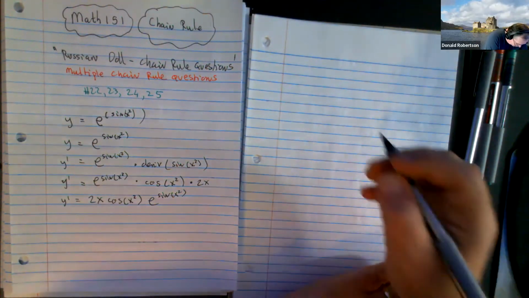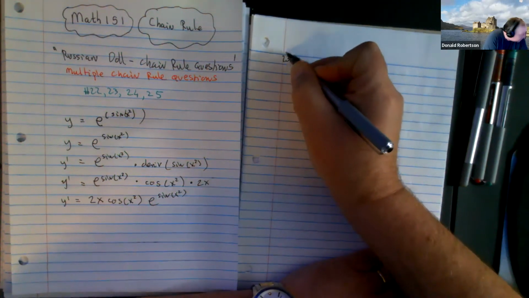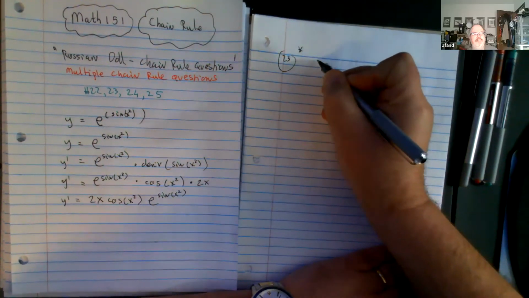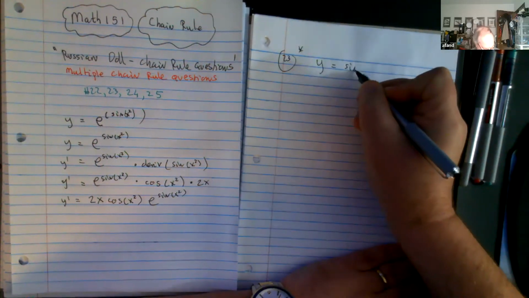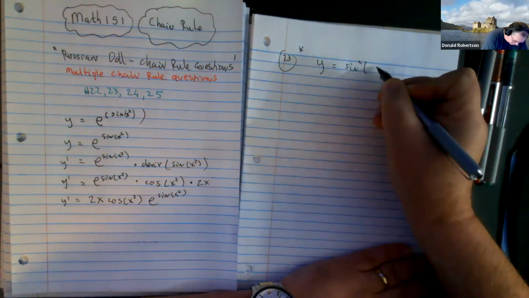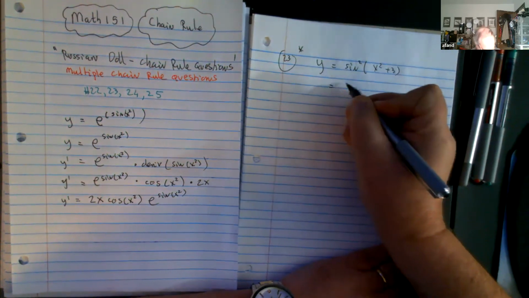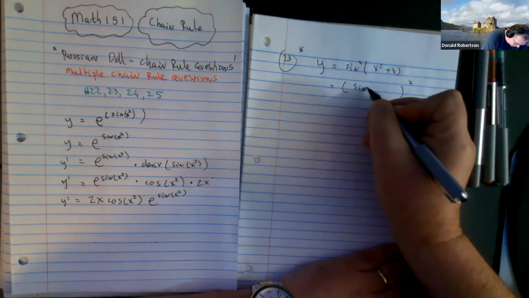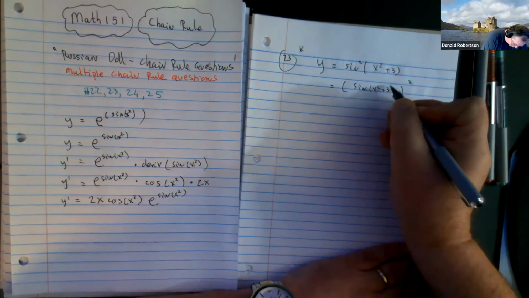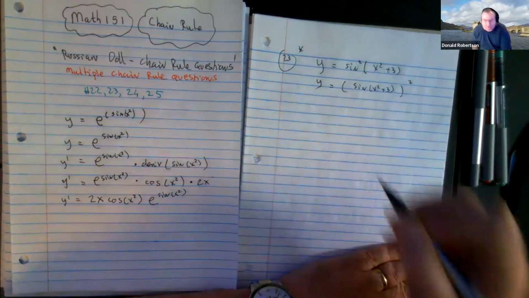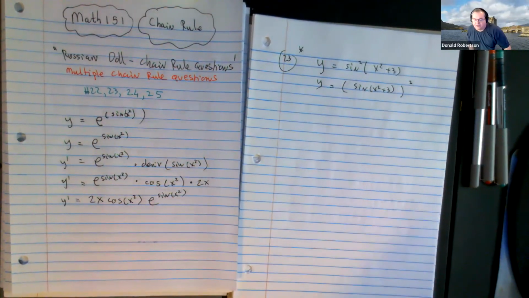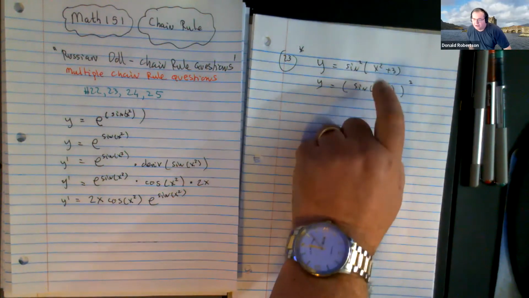So how about this one, which is a version of 23. Sine squared of x squared plus 3. And for some people at least, it's better to write sine squared like that. This is that, right? It's just a different way of saying it.